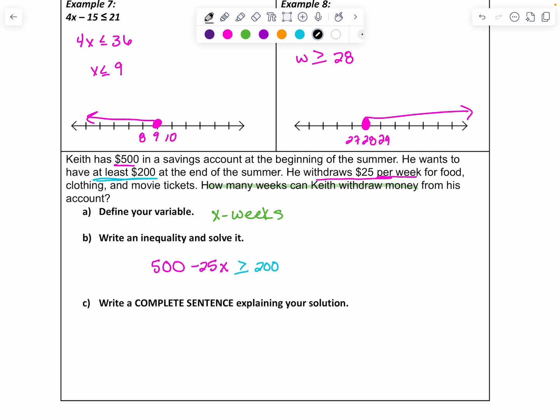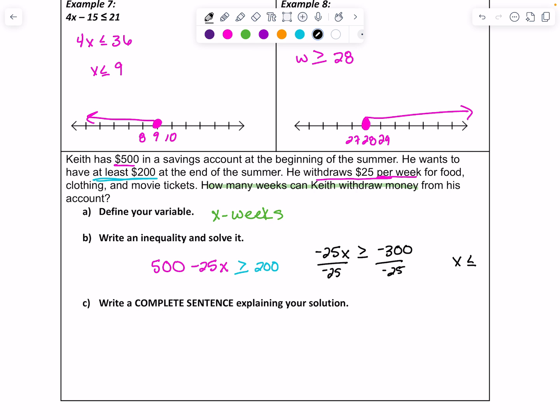Okay, go ahead and solve. I would subtract 500 to get a negative 300. Okay, I'm going to divide by a negative 25. As I'm doing this in my head, I know I'm talking about time and money, so I'm watching my positives and negatives. Can I have negative time? That kind of thing. Again, I divided by a negative, so I have to flip my inequality.